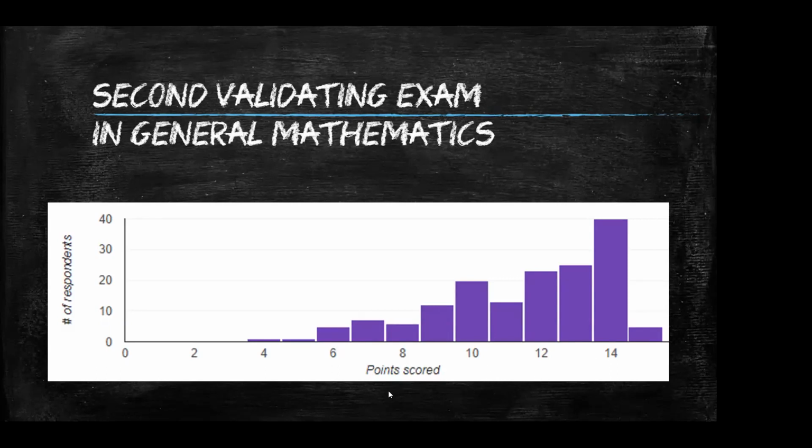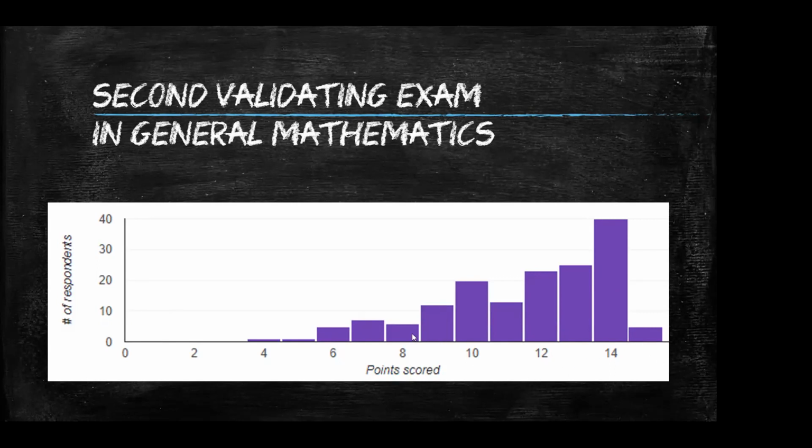Kung papansinin niyo class, if we were going to compare, mataas yung bar sa 14. Yung mga numbers sa baba are the scores, points scored. Yung sa gilid is number of respondents, yung number ng students na nag-take ng exam. So the bar graph is concentrated sa high scores again.